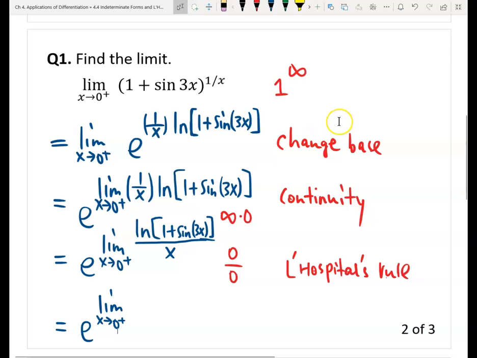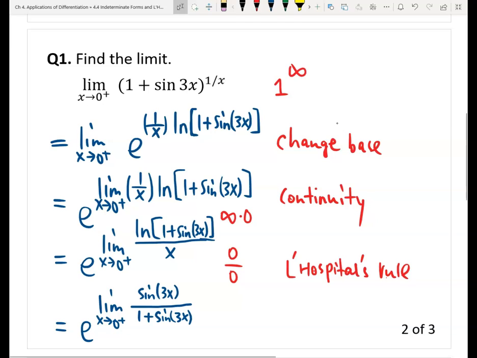What do we have this time? ln u gives the reciprocal of u, where u is 1 plus sine 3x. And the derivative of the inner function, which is sine, is still a chain. The second time we use the chain rule.